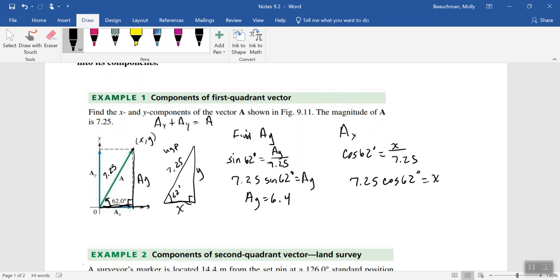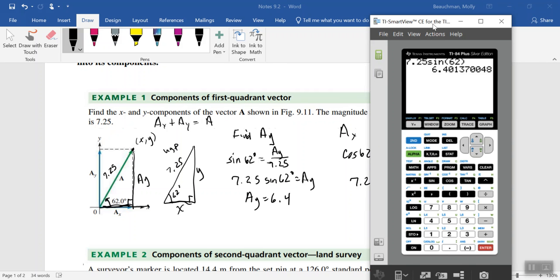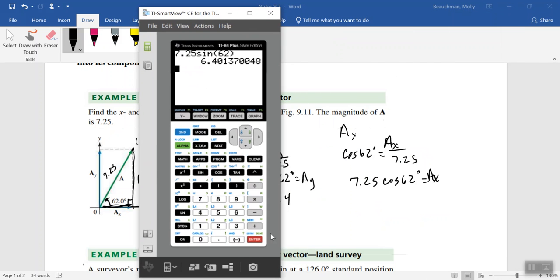And that will give us our a sub x; I should put a subscript x. Okay, so now I want 7.25 times the cosine of 62 degrees, and I end up with about 3.4.